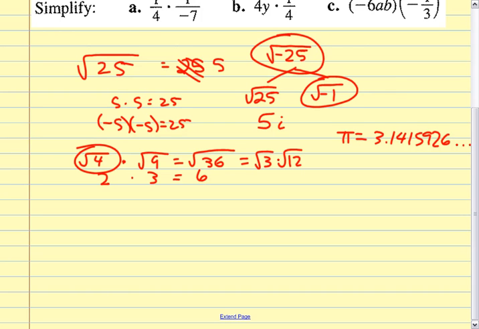Pi stands for this number all the time. This is another special number. Okay? e, it's 2.718281828. You don't need to know that.